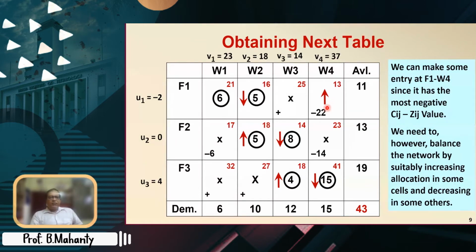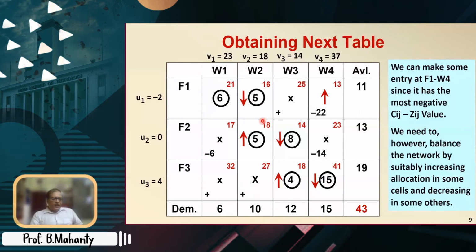So what is the maximum that you can increase? You have to check the minimum that you can decrease. Sorry, not minimum, the maximum that you can decrease. If you decrease 8, then this 5 will become minus 3. That is not possible.